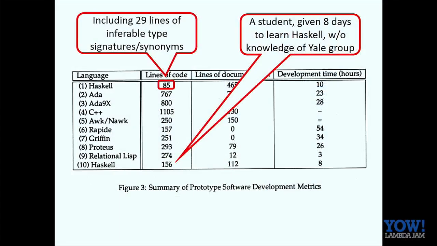So what they did was, without telling Paul and Mark, they picked a graduate student somewhere else. And they gave him a week to learn Haskell, and then gave him the problem. And that's why Haskell is in this list twice, with both the first and second smallest solutions. But you can see, with only a week's experience, his solution was almost twice the size of Mark's.